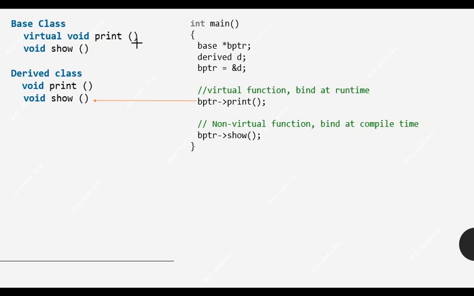The derived class version of show is called. So just focus on this particular concept. We have called a function print with the reference of the base, which means this particular function should be called, but because this is a virtual function, it is going to transfer the call towards the child, and this particular version of print will be called.